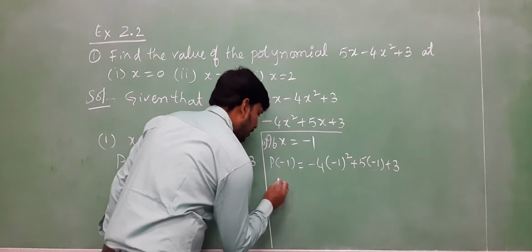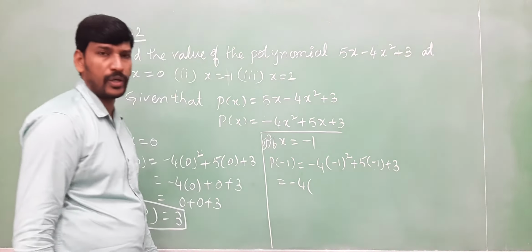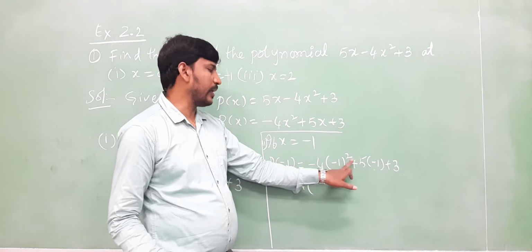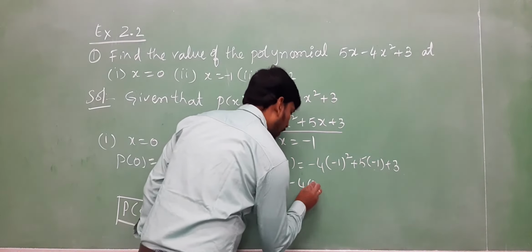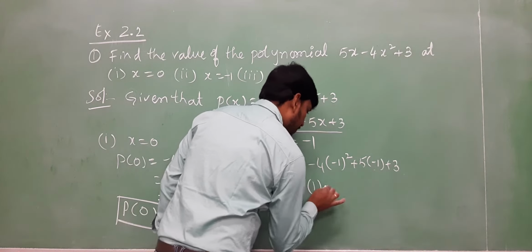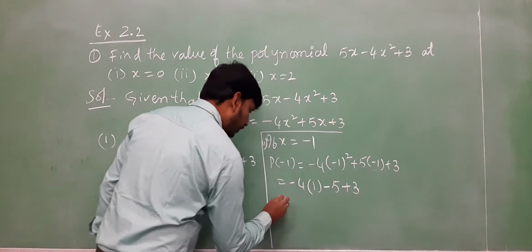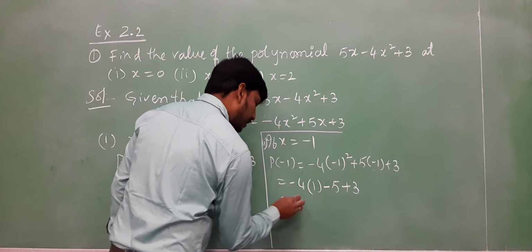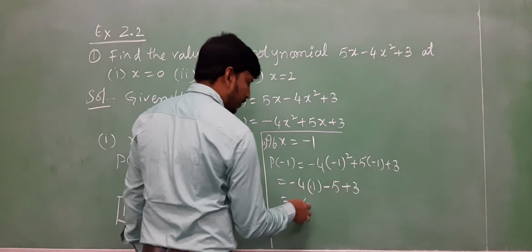Now which implies minus 4. Just now I told you, minus 1 to the power of an even number, minus 1 whole square is plus 1. That is 1. Plus into minus is minus, 5 ones are 5, plus 3. Okay, minus 4 into 1 is minus 4, because here it is plus. Plus into minus is minus, 4 ones are 4.